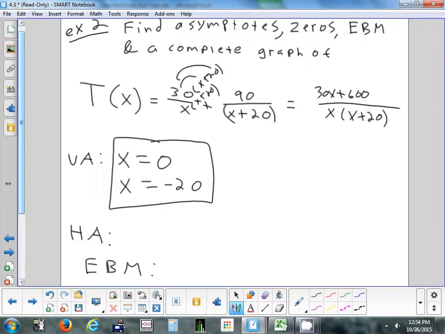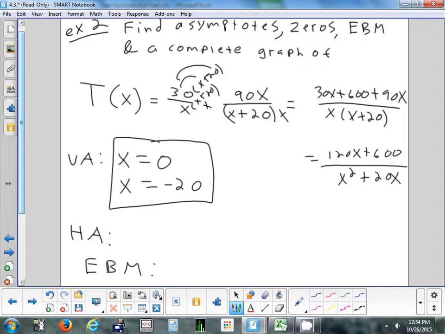X. Yeah, this denominator is just missing x. Right, so now I combine them together. So I get 120x plus 600 over x squared plus 20x.